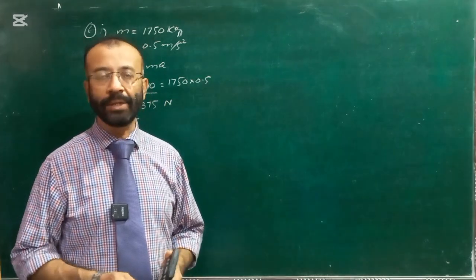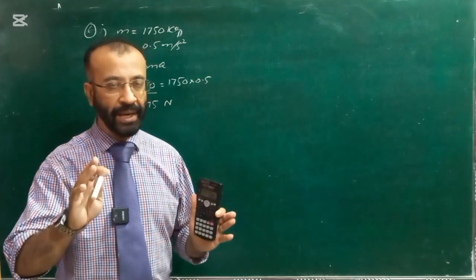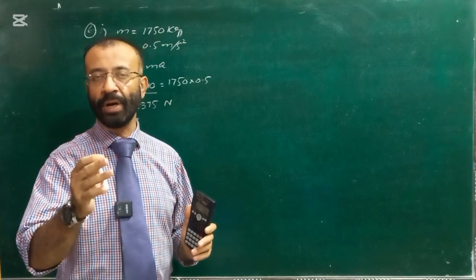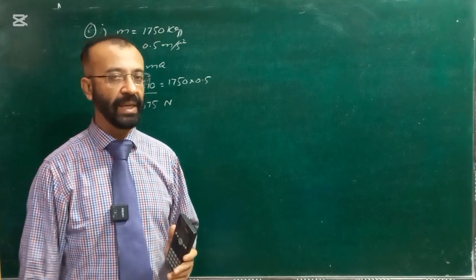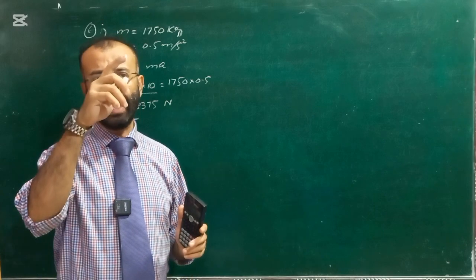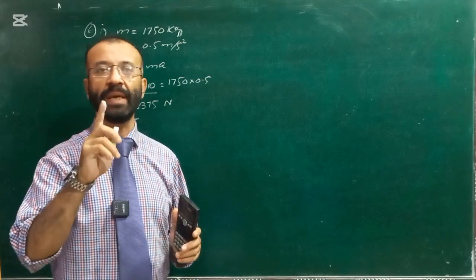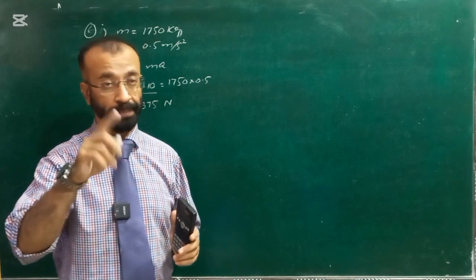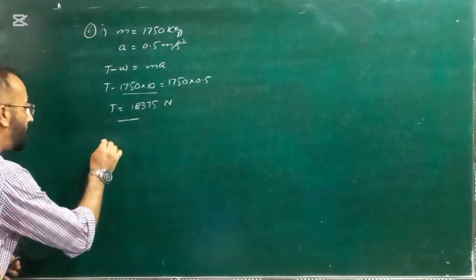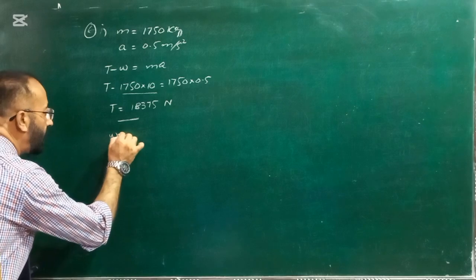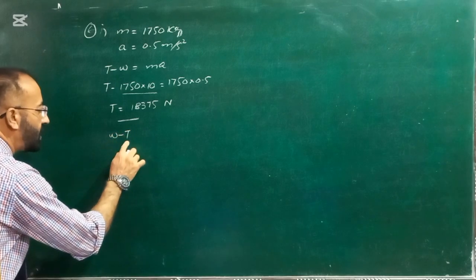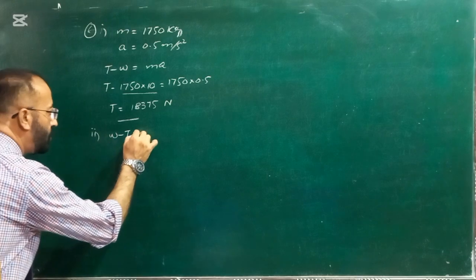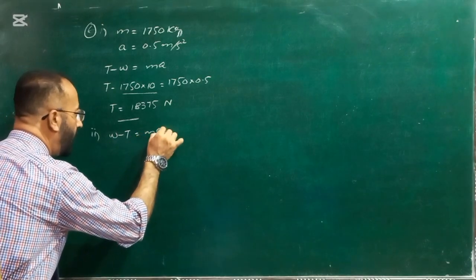Okay, in the second part, lowering the empty crate whose mass is 750 kilogram with an acceleration of 0.75 meter per second square. Because the crate is lowering, the weight of the crate now will be greater than the tension in the rope. So W is greater than the tension. W minus T will be the resultant force, equal to MA.